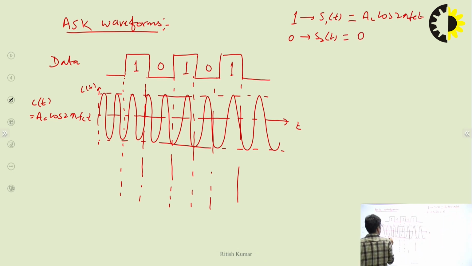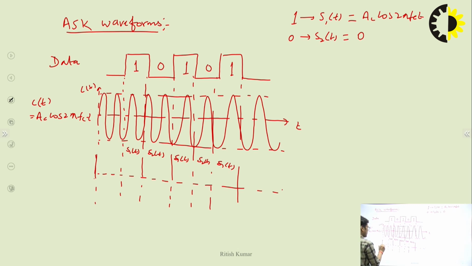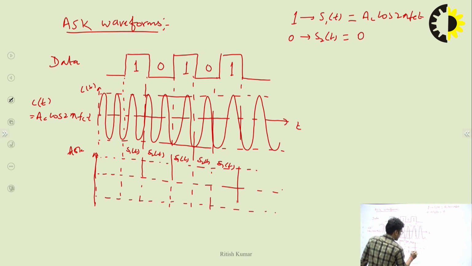So I can say this one is S1T, this one is S2T, S1T, S2T, S1T, right? So I can draw a signal here, where this one is the ASK signal. We need to draw what kind of waveform we will have at the output side.